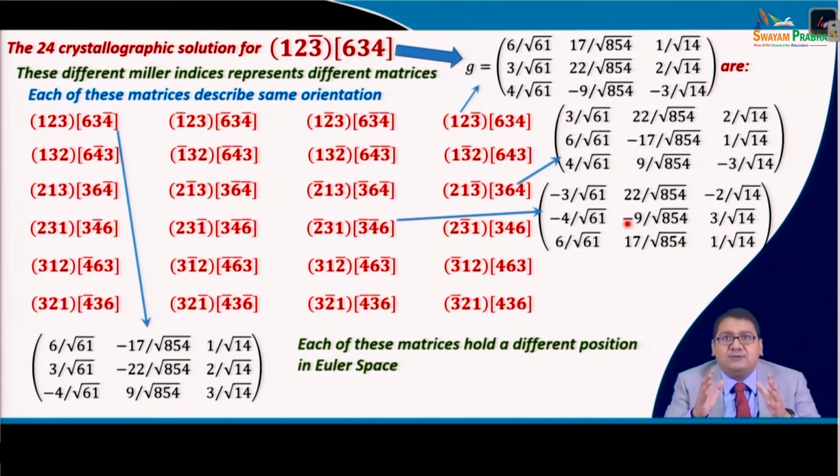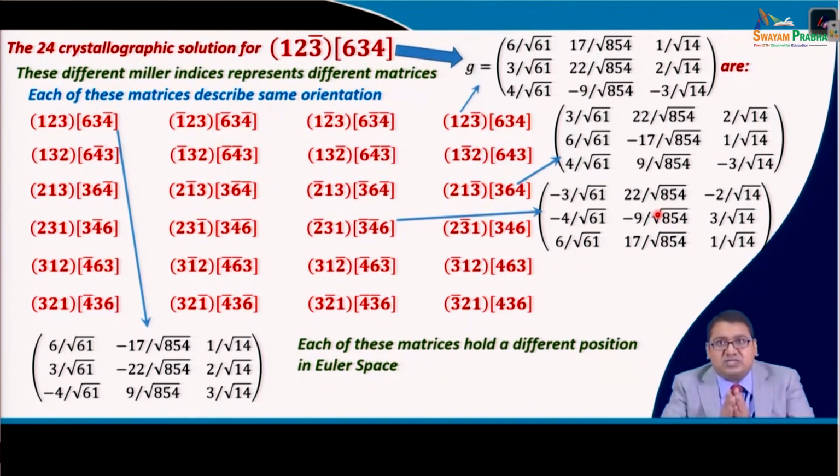So, when we are looking into the Euler space or orientation distribution functions, ODFs, we will find that for each of these Miller indices or each of these orientation matrices, there will be a different phi 1, phi, phi 2 in the Euler space, and all those components in the Euler space seem to be repeated many times, but they represent the same orientation, and this occurs because of the symmetry of the cubic crystal.